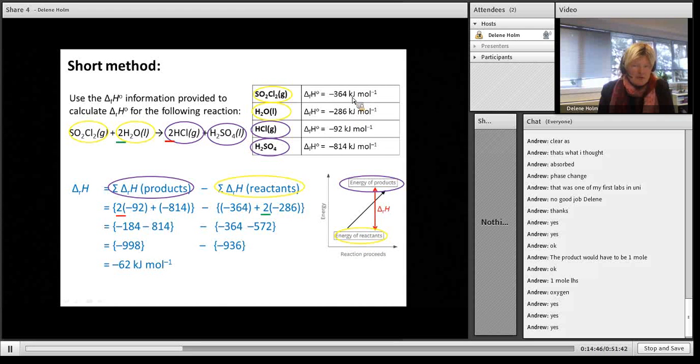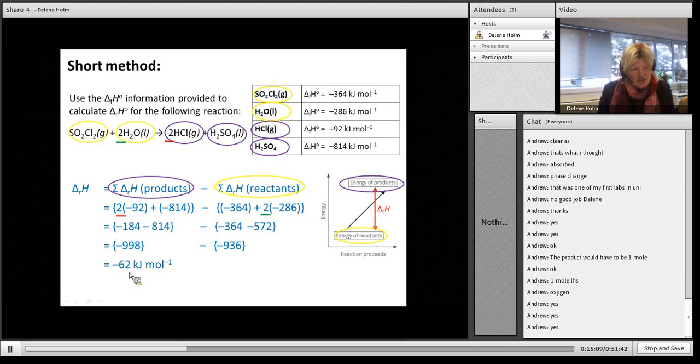I mean, I'm just rounding off. So we've got roundabout 900 over there, and for the H, that's about 100. I need 2 of them, so that's 200. And then we've got 800 over there, so 200, 800, there's a little bit more. So we're expecting to give off more energy. I don't know if that makes sense. So I should have a negative value.